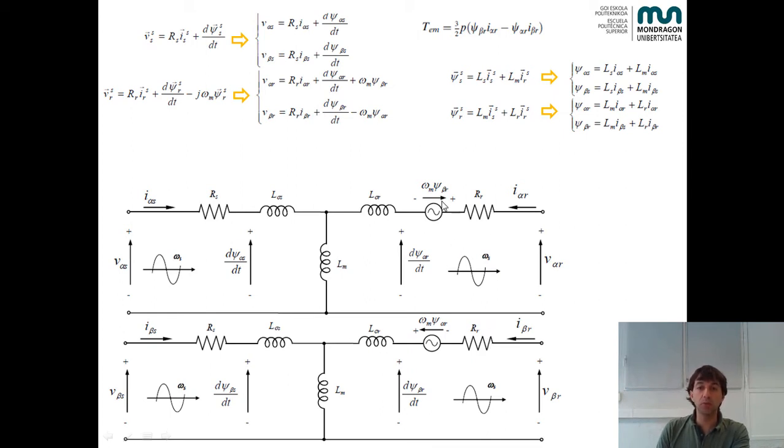The only element in which the power is created is in here. So if we multiply this voltage, which is given by this expression, by the current, plus this voltage multiplied by the current, and then we divide by the speed, that is the power divided by the speed, we achieve the torque, which is given by this simple expression.